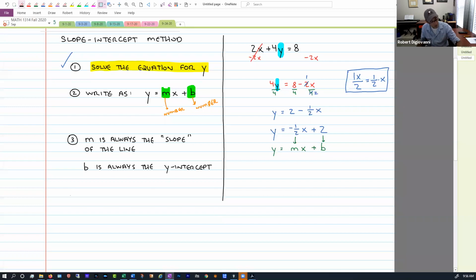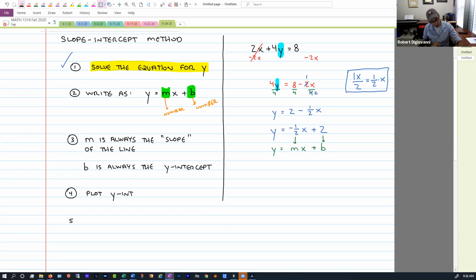So once we do that, the next step would be to plot the y-intercept. That means we're going to go on our graph and draw a dot where our y-intercept is. So we're going to plot it.